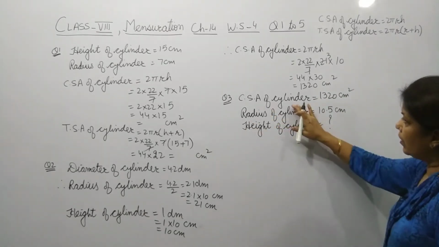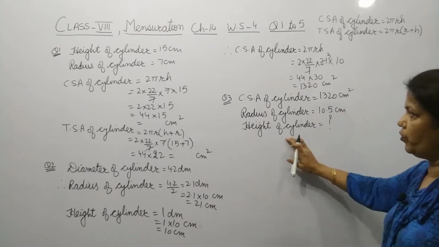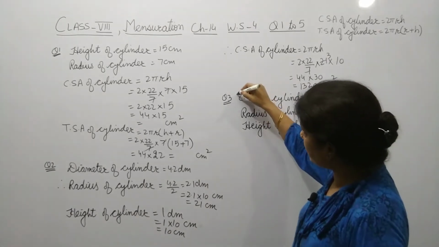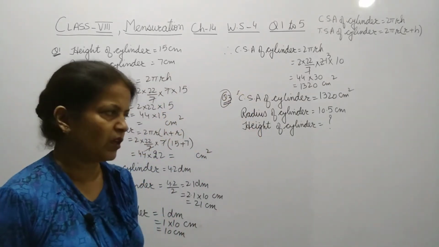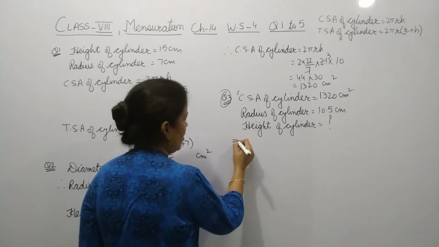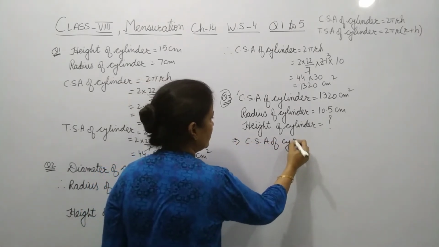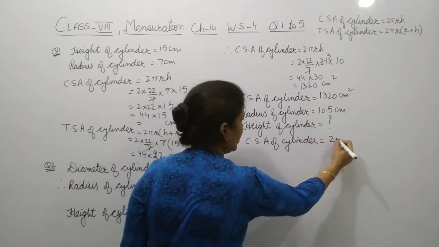Question 3rd. Curved surface area is given, radius is given, and we have to find the height of the cylinder. Now see, the curved surface area is given, and we know the formula of curved surface area. So curved surface area of cylinder equals 2 pi r h.